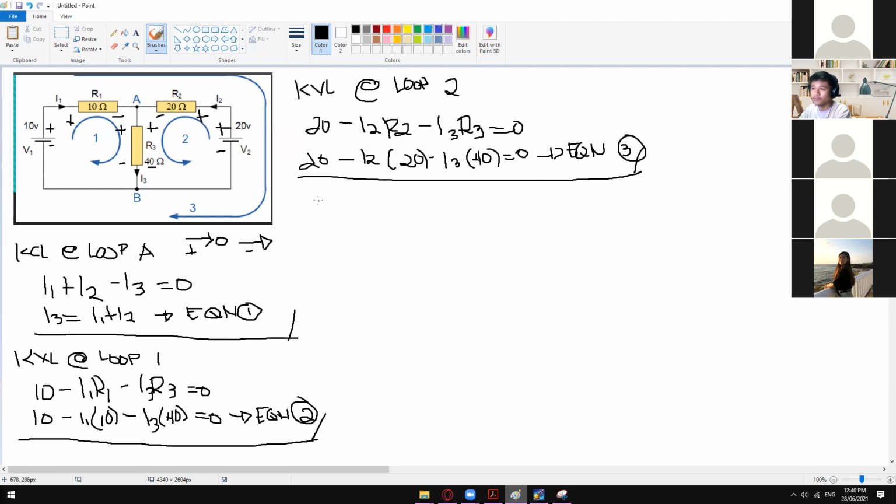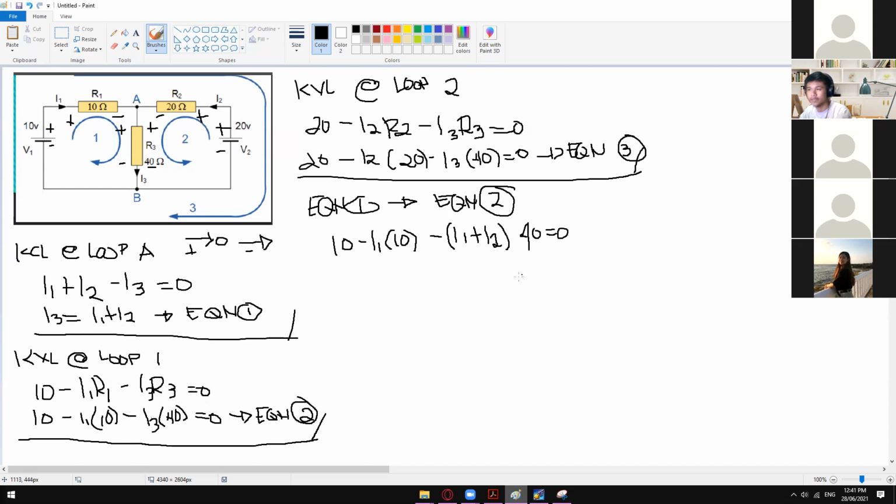So let's replace the I3 with I1 plus I2, from equation number 1 into equation number 2. We use this as our value of I3: 10 minus I1, minus I1 plus I2 times 40, equal to 0.